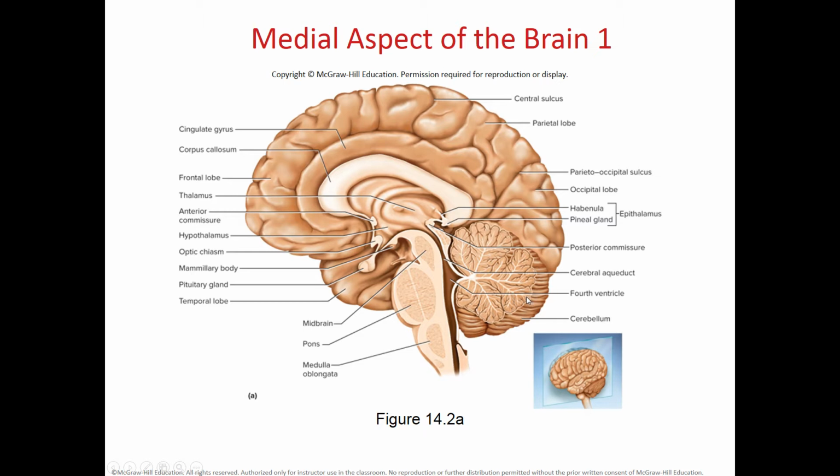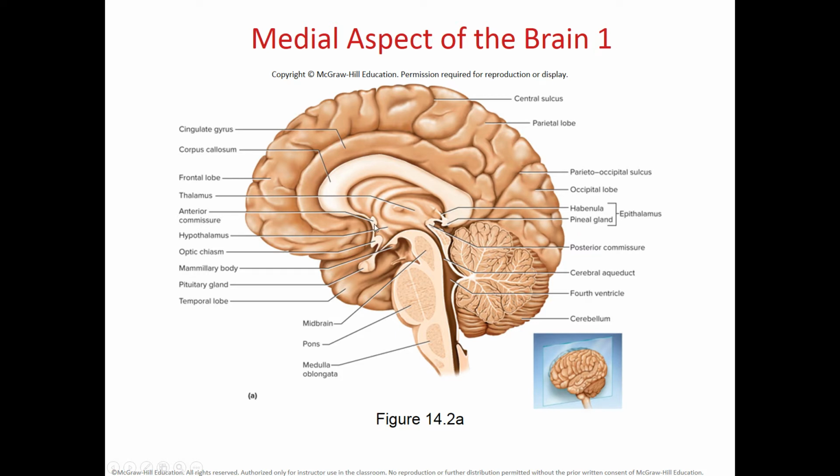Now, another thing that you can see in this mid view is that under the corpus callosum, we have this region that we call the thalamus. And then posterior to the thalamus, we have the epithalamus with the gland that we call the pineal gland.